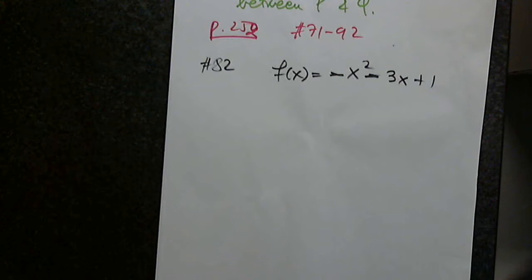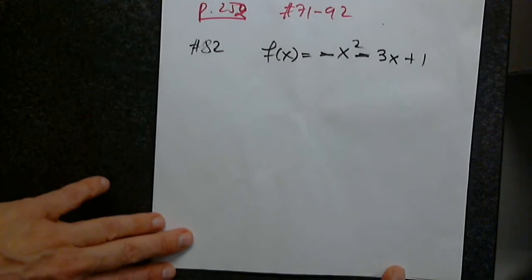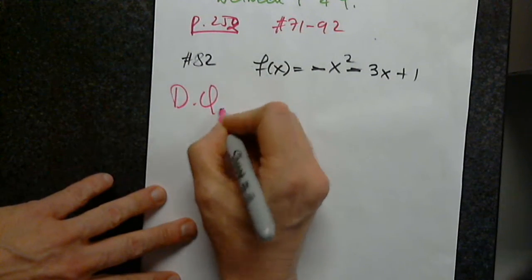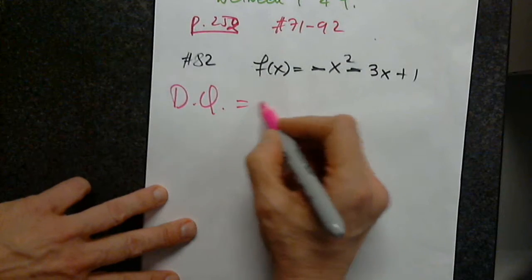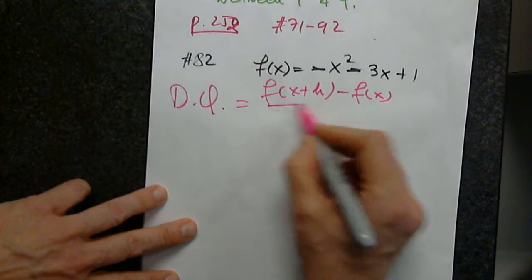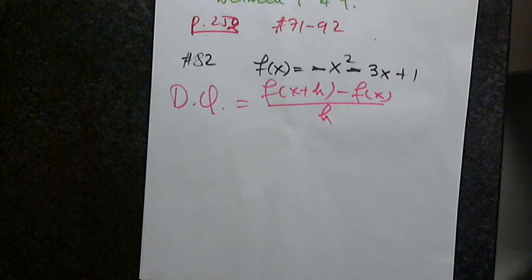So the difference quotient will be given to you. So you will be told, find and simplify the difference quotient, DQ, which is f of x plus h, minus f of x divided by h. The first thing we should do, let's look at what it is and what it represents, or what it has. And I will say it has how many pieces?